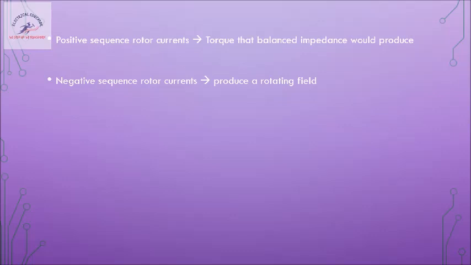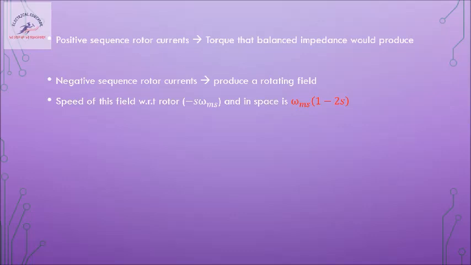The speed of this field with respect to the rotor, now this field is produced in the air gap, but with respect to the rotor, the speed of this newly induced field will be minus s into omega_ms. We are understanding the relative speed here.